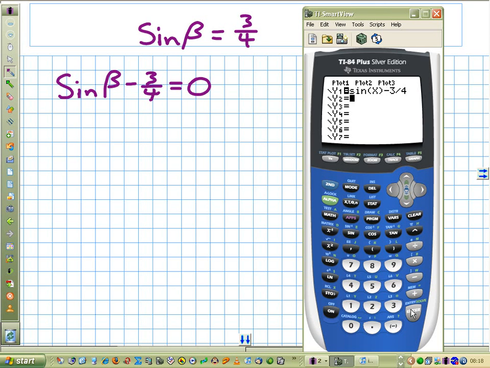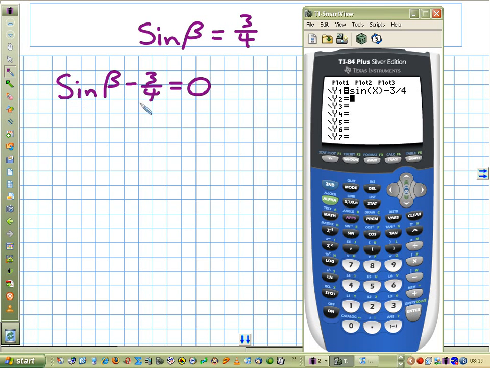Now, the way we use our calculator to graphically solve an equation is we graph this function and look for where it crosses the x-axis, because we're saying that sine beta minus 3/4 equals 0. Notice this is just the graph of sine that's been shifted down 3/4 of a unit.